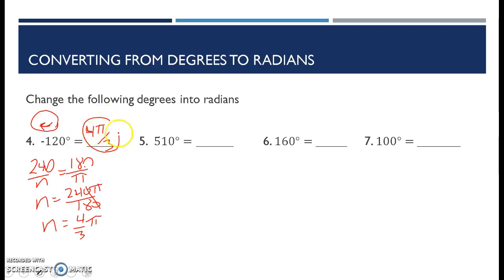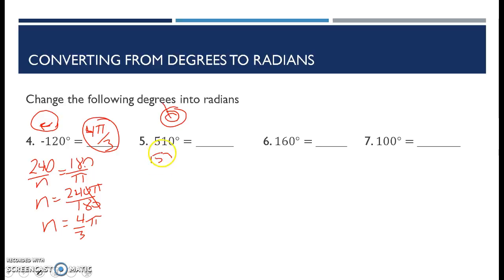And that could be done by also using your unit circle. 510 can also be done using your unit circle. That's 150 more than 360. So you can go around 360 plus 150 more and figure out where that's at. That's the same thing as 150 degrees.